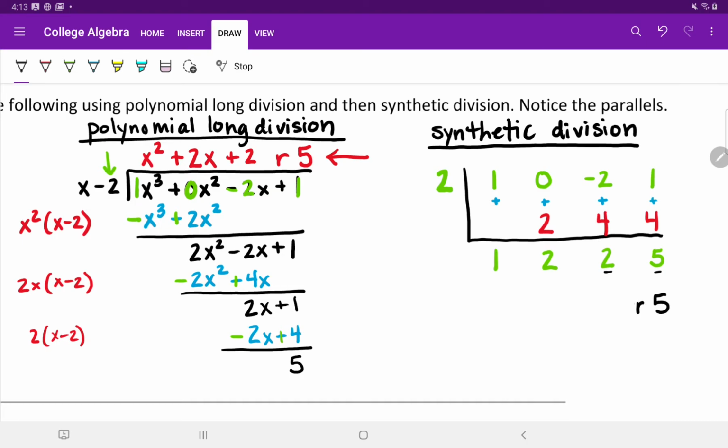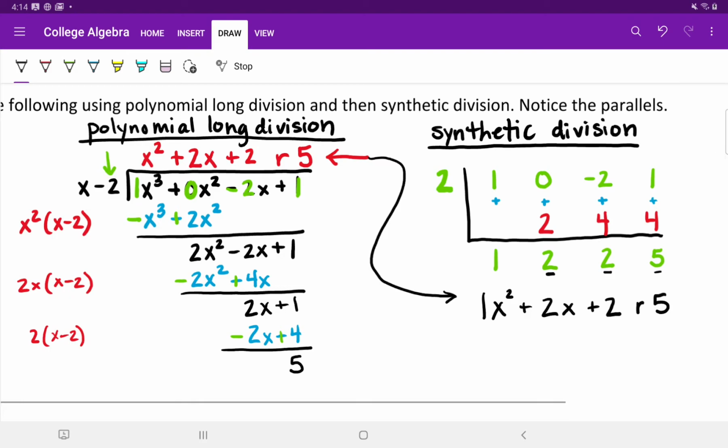The number before that is our constant, so +2. The number before that is our x term, and the number before that is our x squared term, so 1x squared. So we end up with 1x squared plus 2x plus 2, remainder 5, which is exactly what we ended up with before. But this is a shortcut that will save us some time.